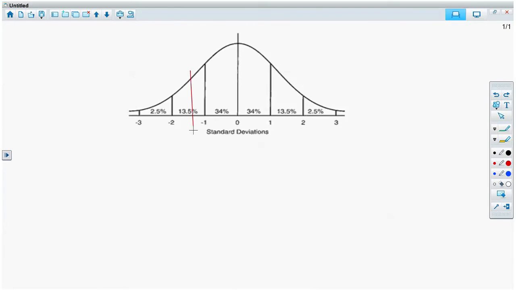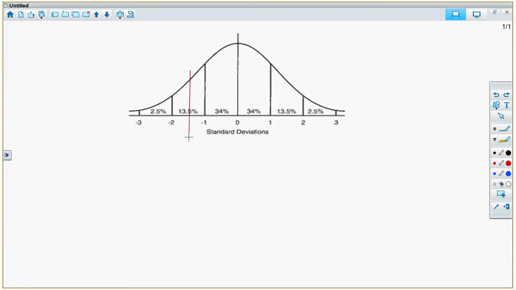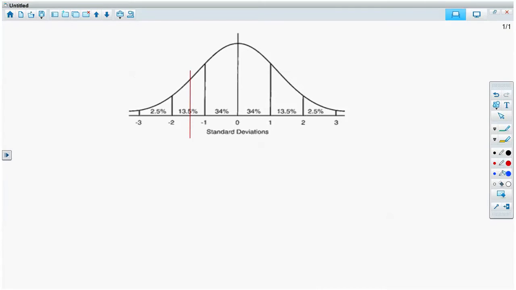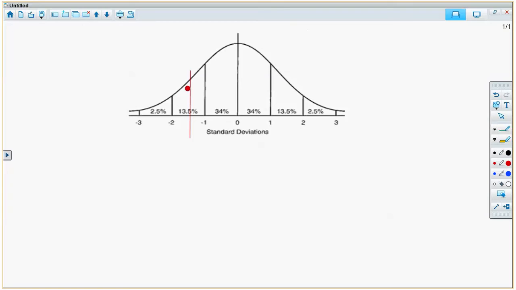I'll just put it right in here, where I'm saying that 11% is right in here.